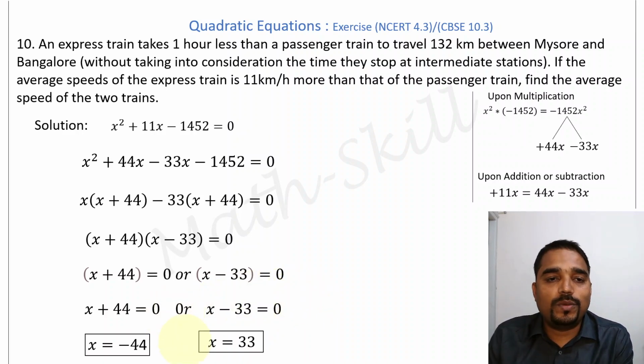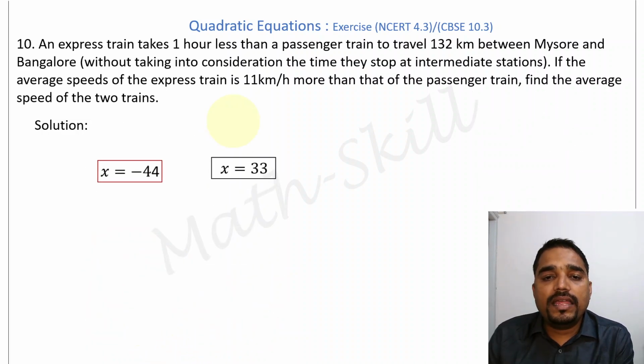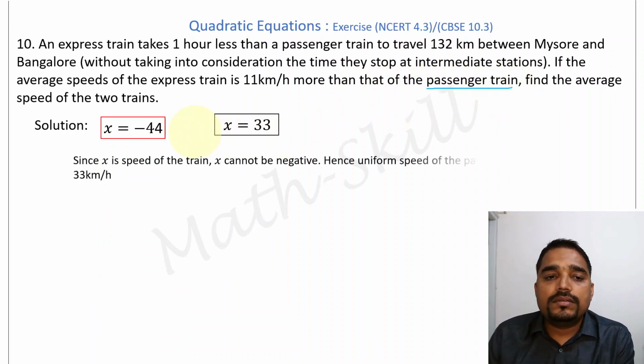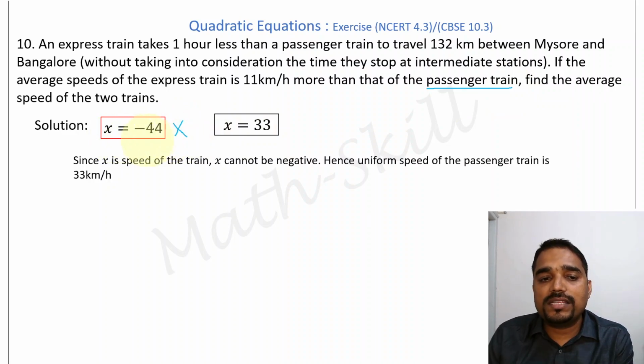These are the two possible values of x. Since x is the speed of the passenger train, x cannot be negative, because speed cannot be negative. Therefore, x equal to minus 44 cannot be considered, whereas x equal to 33 is the required speed of the passenger train.